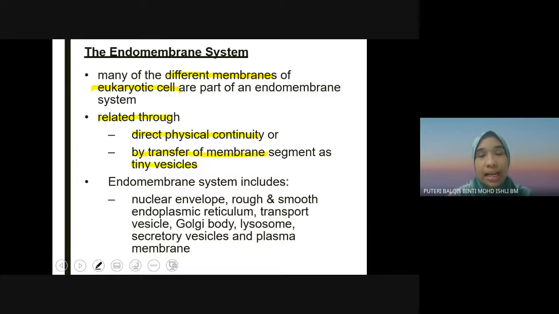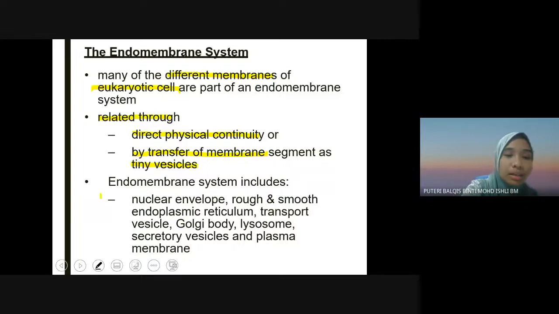Maksudnya, different organelles yang ada membrane ni akan bekerjasama untuk direct physical continuity ataupun untuk transfer of membrane, untuk membawa satu vesicle daripada satu tempat kepada satu tempat yang lain.